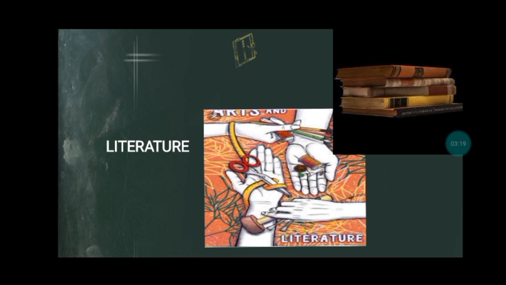So the third is literature. Literature is art that shares a story and develops a theme for the audience. While it can stand alone as a form of art, it also is closely related to other art forms.